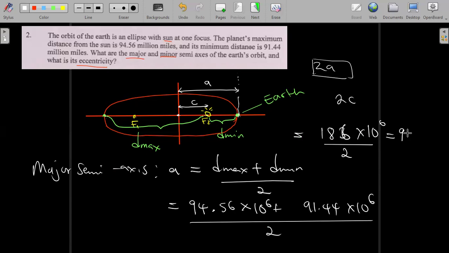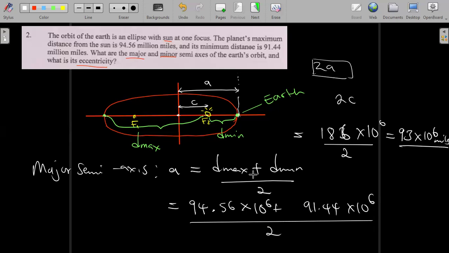So I have 93 multiplied by 10 to the power 6, and this is in miles. So in short, that is 93 million miles. That is the distance of a there. The distance of a is given by that.